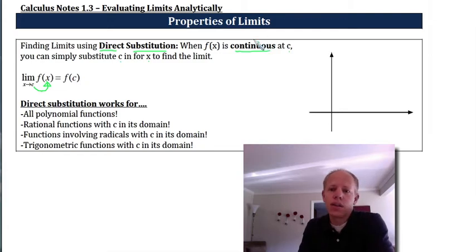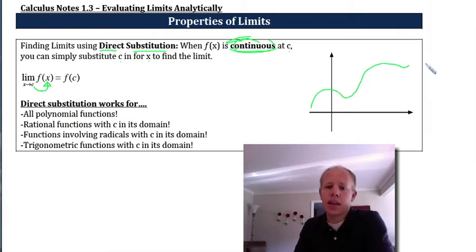Now, this idea of continuous, we're going to talk about a little bit later on in the chapter, and we'll briefly touch on that now. So if we just have some sort of curve here, it can be anything, and this is our function f of x.